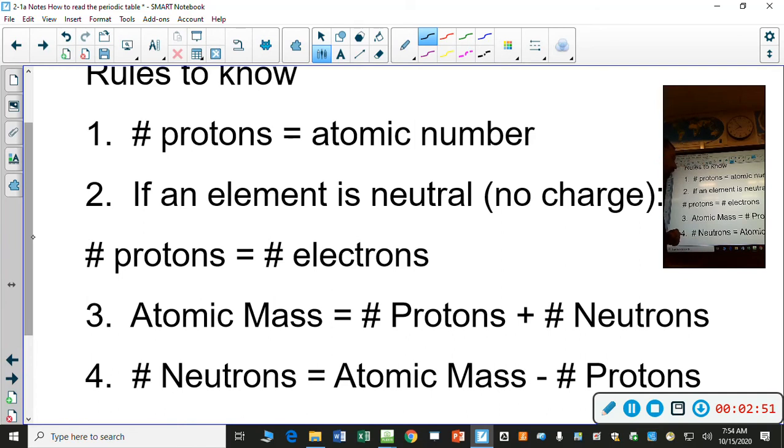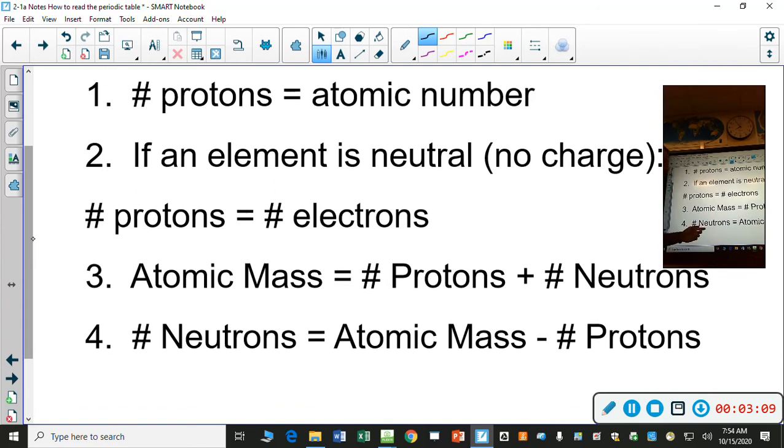I'll show you one example where that doesn't happen. Atomic mass is equal to protons plus neutrons. So that's one way you can figure that out. If they give you protons and neutrons, you'll be able to figure out your atomic mass. If they want to know the neutrons, you do atomic mass minus the protons, which is what you're going to do most of the time, reading off the chart. So we'll be doing that in an example very shortly.